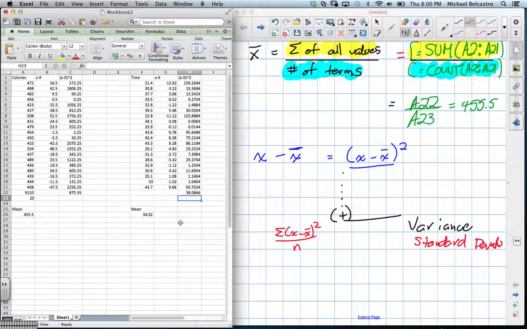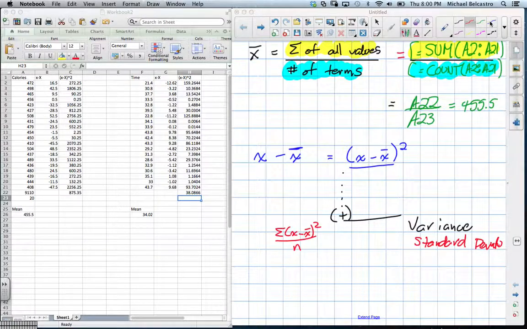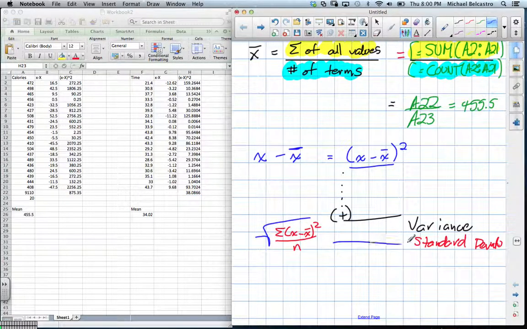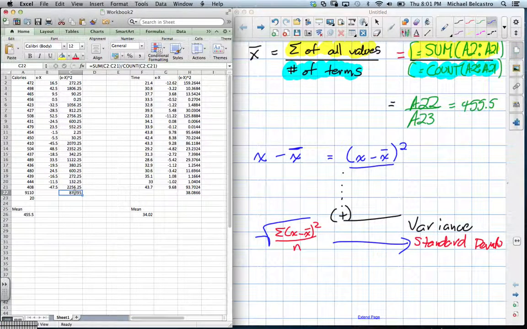And now, technically, I need to find the square root of this to get the standard deviation. So I've got to square root this term here. I'm going to say it's equal to the one above, but I have to square root it. Now, the calculator doesn't easily square root.